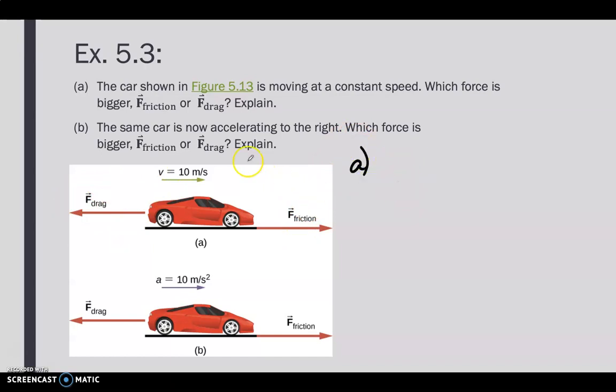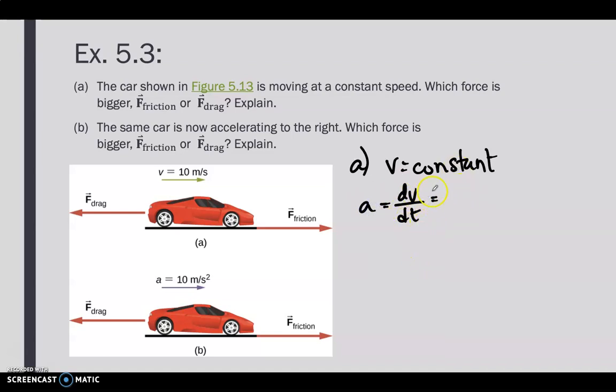So in this part, it states that v is constant. Now if we think back to our relationship between velocity and acceleration, acceleration is the derivative of velocity with respect to time.